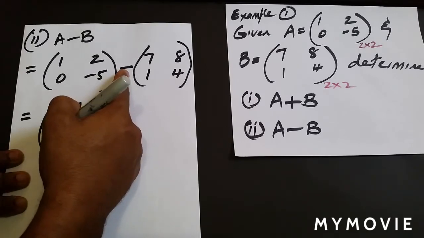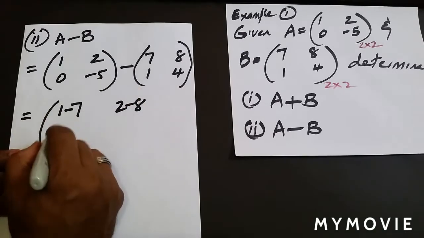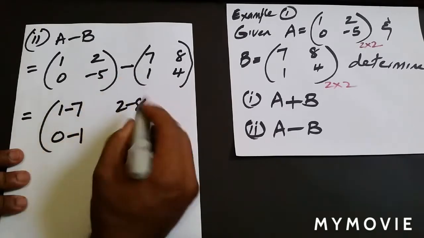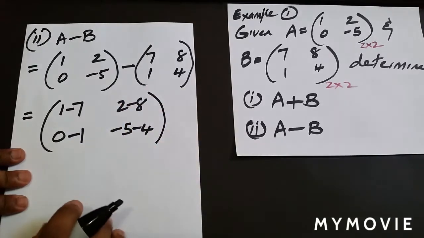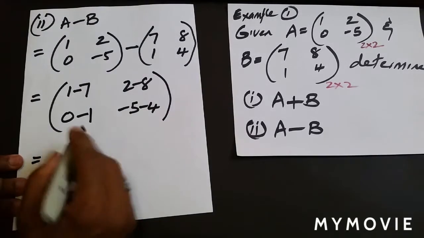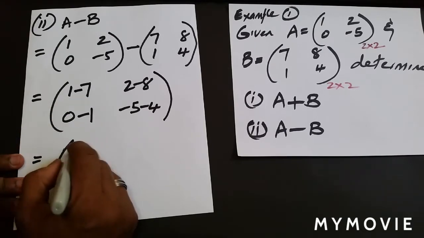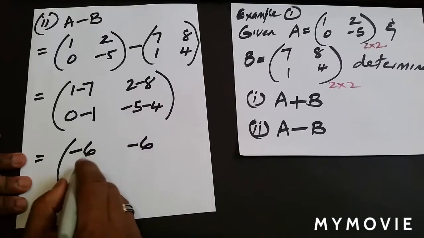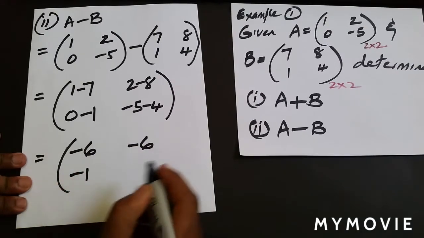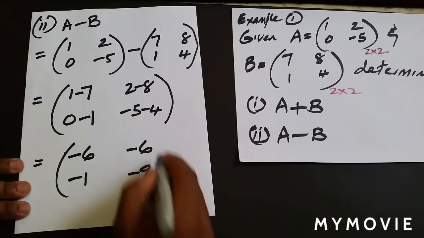Remember, we're subtracting the corresponding elements. So it will be 2 minus 8, 0 minus 1, and negative 5 minus 4. So what we would have here is 1 minus 7 is negative 6, 2 minus 8 is negative 6, 0 minus 1 is negative 1, and negative 5 minus 4 is negative 9.